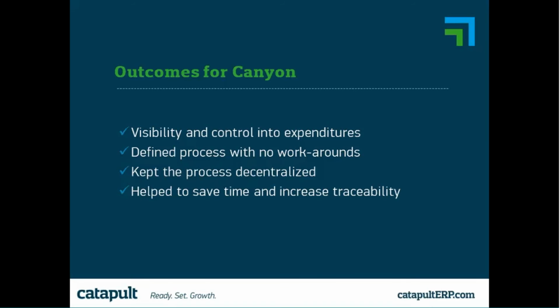We were able to give them visibility and control into their expenses that they were currently incurring. One of the things that Canyon did to ensure that all vendors were accepting purchase orders, because it was such a fundamental change, is they wrote their vendors 2 or 3 times prior to going live with this functionality and told them that they would stop paying any invoices if the vendor did not have a purchase order.